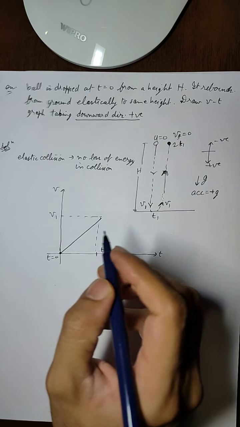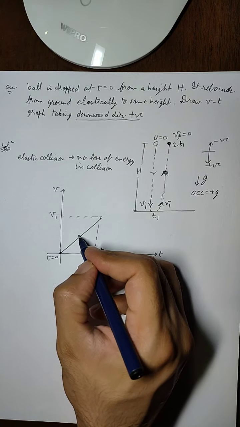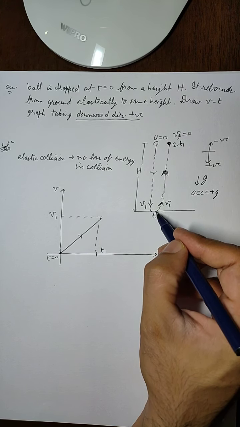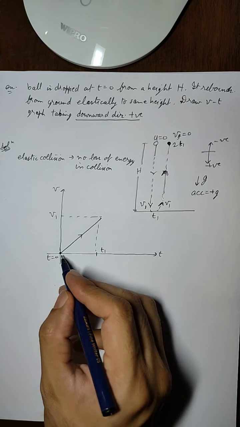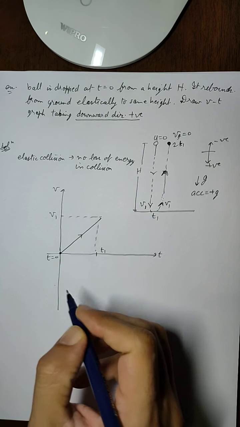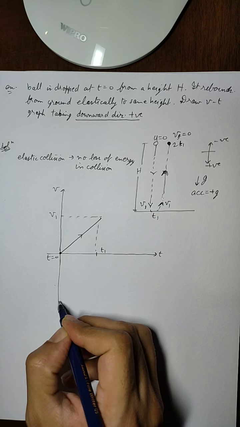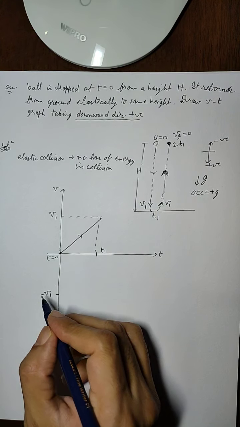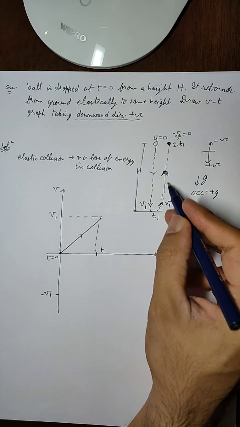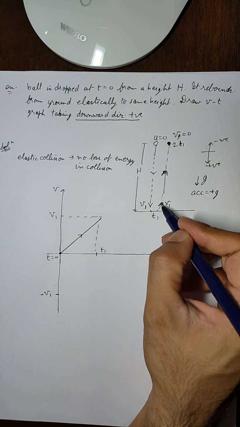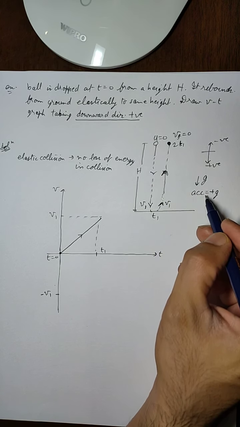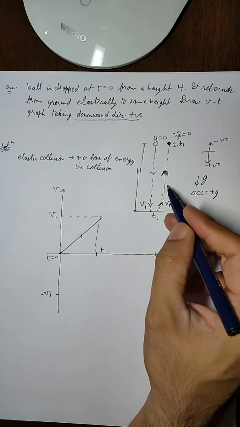at velocity v1. Now after collision, the velocity reverses its direction. So now the velocity has become negative. So that means we have to go towards the negative side of the velocity. So let us say that this is minus v1. Now for the remaining part of the upward journey, the initial velocity is minus v1, and since it is going opposite to the direction of acceleration, there will be retardation.